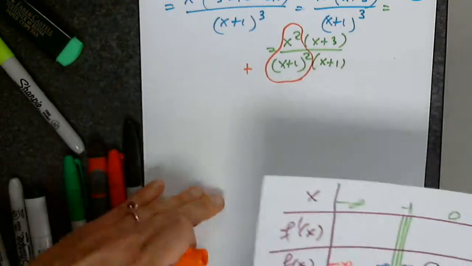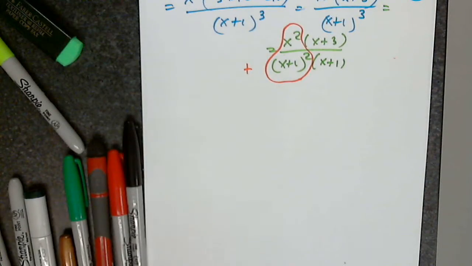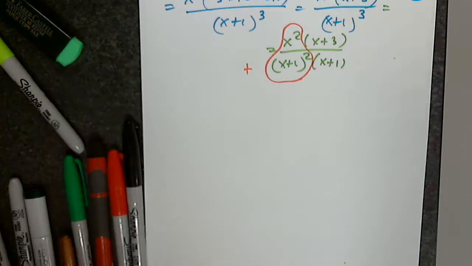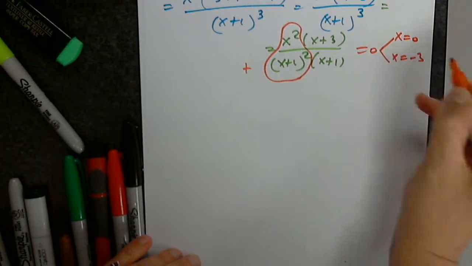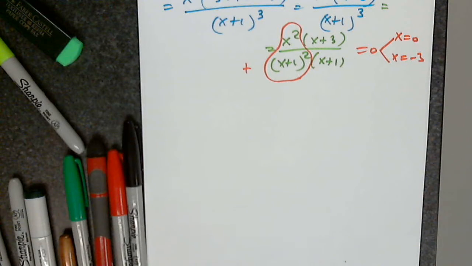So, first of all, critical numbers. Can anyone give us critical numbers for this function? 0 and? Very good. So when you set this equal to 0, you get x equals 0 and x equals -3. What about critical numbers coming from f prime being undefined?